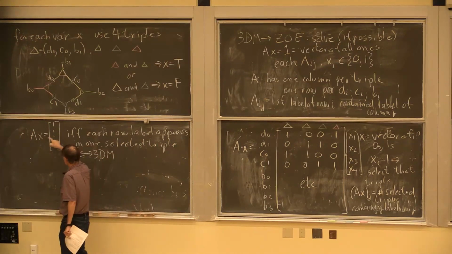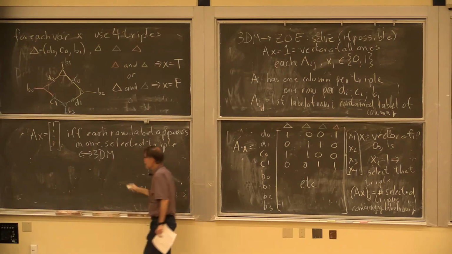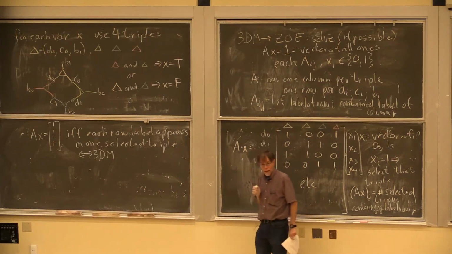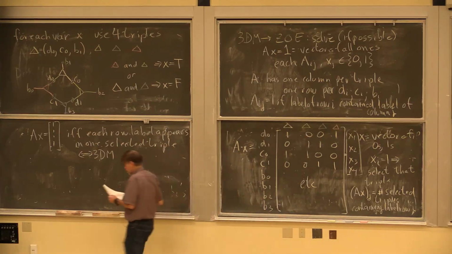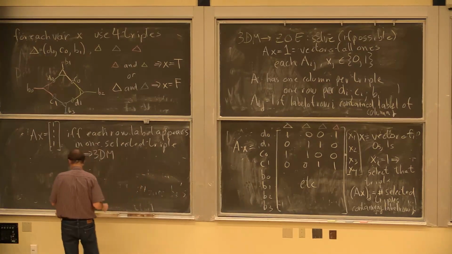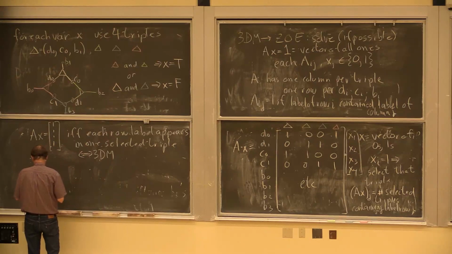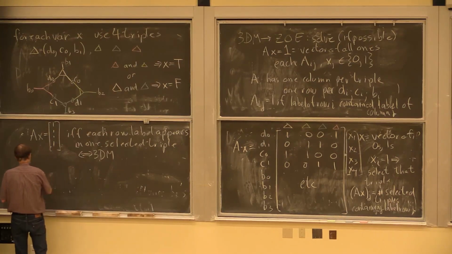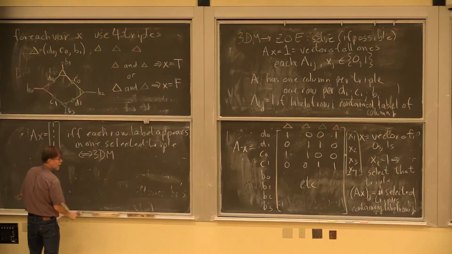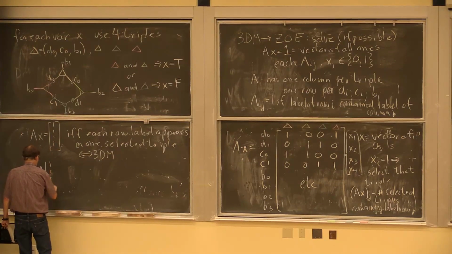In other words, if I can solve Ax equals the vector of all 1s, that means that everybody appears in exactly one triple. So let's do this particular example and suppose I select all the columns. I'm going to multiply by 1, 1, 1, 1.